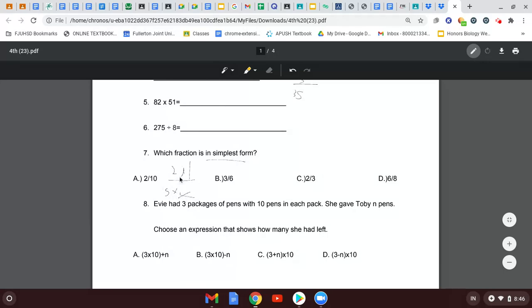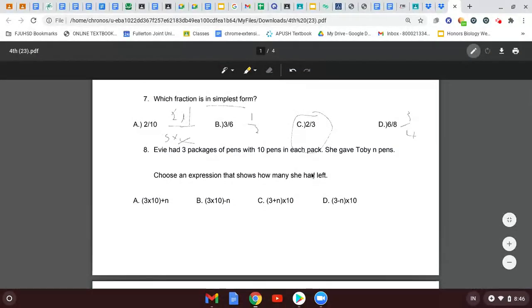And so you can cross it out. This can be simplified to 1/2 because you can divide by 3 on both sides. This, we'll skip that one, and then 6 divided by 8. You can divide it by 2 on both sides, which makes it 3/4. And 2/3 can no longer be simplified. Therefore, it is in its simplest form.